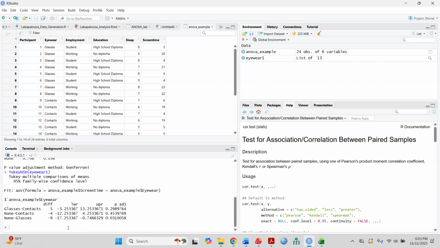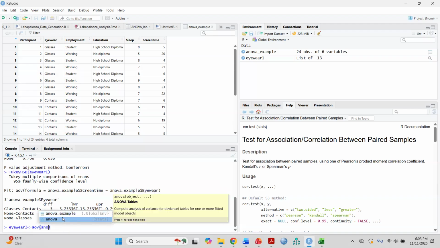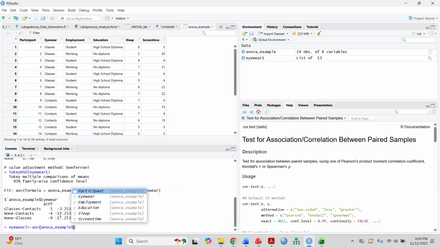So again, we're going to create a new model. You could call it again, I don't know, I wear two or something like that. Call it whatever you want. Then you put in this less than sign and then a minus sign, which gives us kind of an arrow. AOV, and I'm going to put in my dependent variable, which this time is sleep.